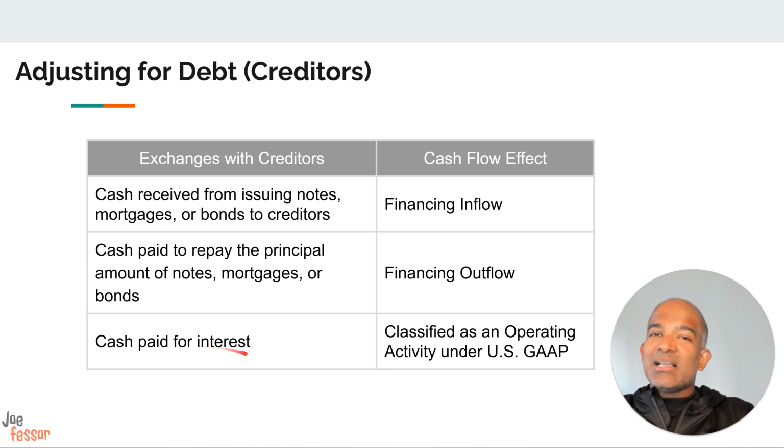The last line is a crucial distinction under US GAAP. While interest payments are related to debt, they are usually classified as an operating activity under US GAAP. This is because the corresponding interest expense is reported on the income statement. However, be aware that IFRS allows alternative classifications. Interest paid can be classified as either operating or financing.